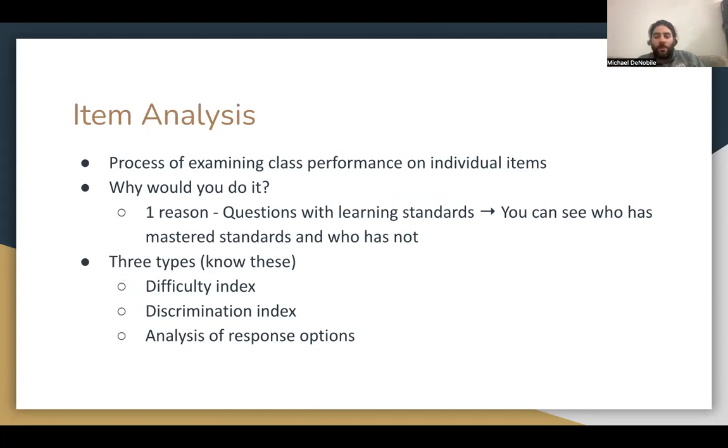One reason, questions with the learning standards. You can see who has mastered the standards and who has not. That's why you want to align the questions with learning standards, because then when you do the item analysis, meaning, okay, question one, you had 120 students take the test.